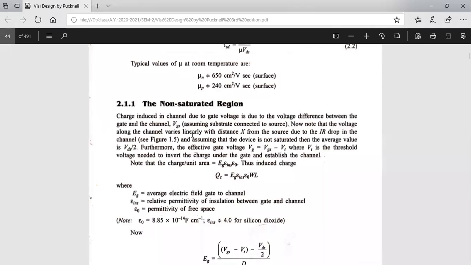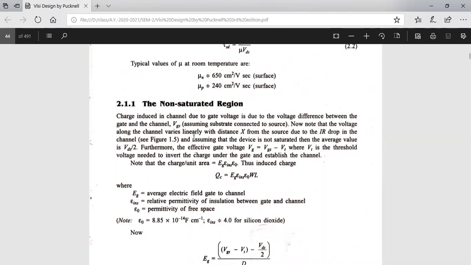Now we have to see all these relations in terms of the non-saturated region and the saturated region. What is the non-saturated region? There are the saturated region, non-saturated region, and cut-off region. The non-saturated region is also called the linear region, as per the output.